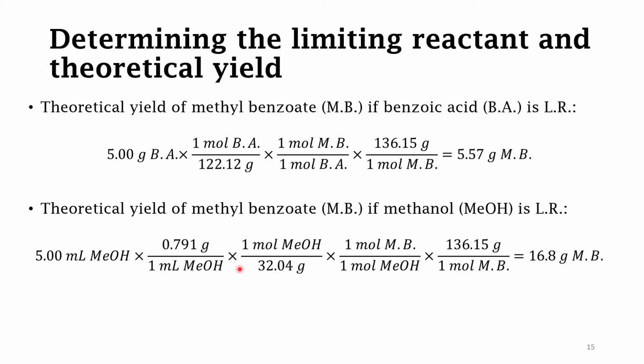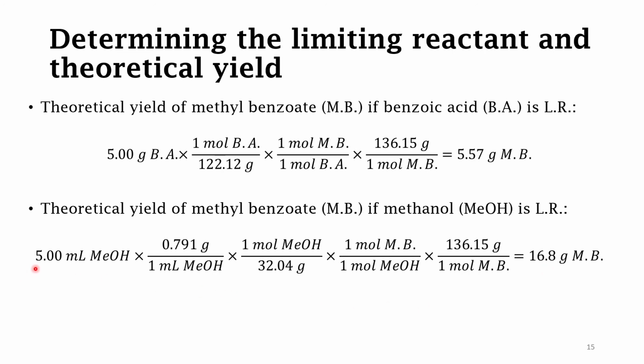And then we use the formula weight lined up so that grams cancel so that we get the moles of methanol. We use the mole ratio from the balanced chemical equation. So we know that 1 mole of methanol would form 1 mole of methyl benzoate. And then we use the formula weight of methyl benzoate to get the theoretical yield.